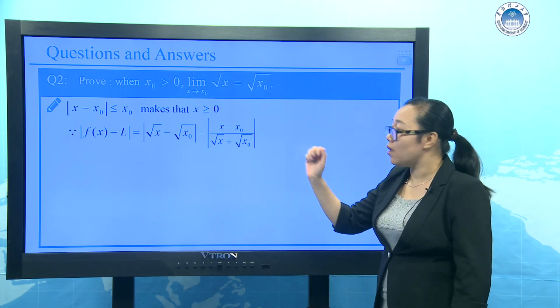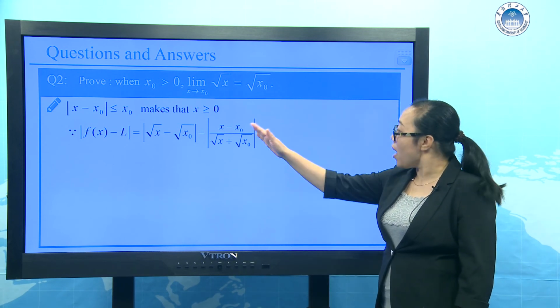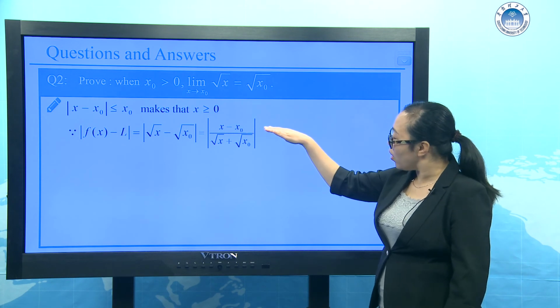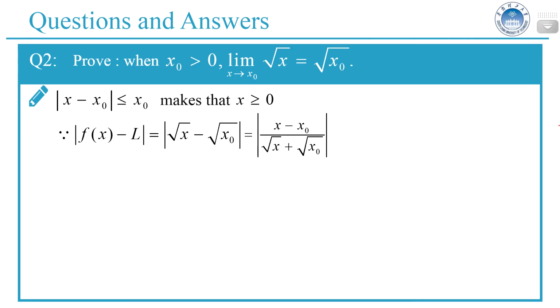We can write it in this form: x minus x0 over the square root of x plus the square root of x0. Because x is a non-negative number, we always have this expression: the absolute value of x minus x0 over the square root of x0.